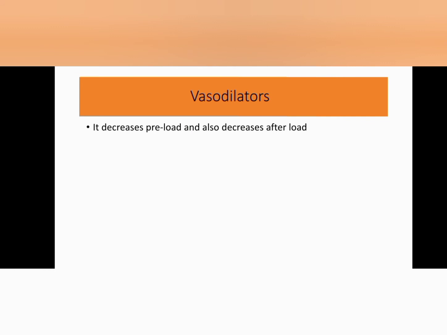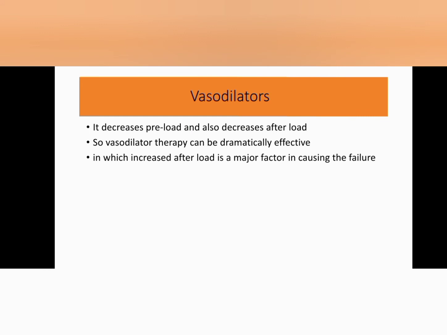Vasodilators will also relax the aorta, so less pressure is required by the left ventricle to pump blood into the aorta. Simply, less pressure will be required to open the aortic valve, so it will decrease afterload. So vasodilators decrease preload and decrease afterload. Vasodilator therapy can be dramatically effective in cases in which increased afterload is a major factor in causing the failure.